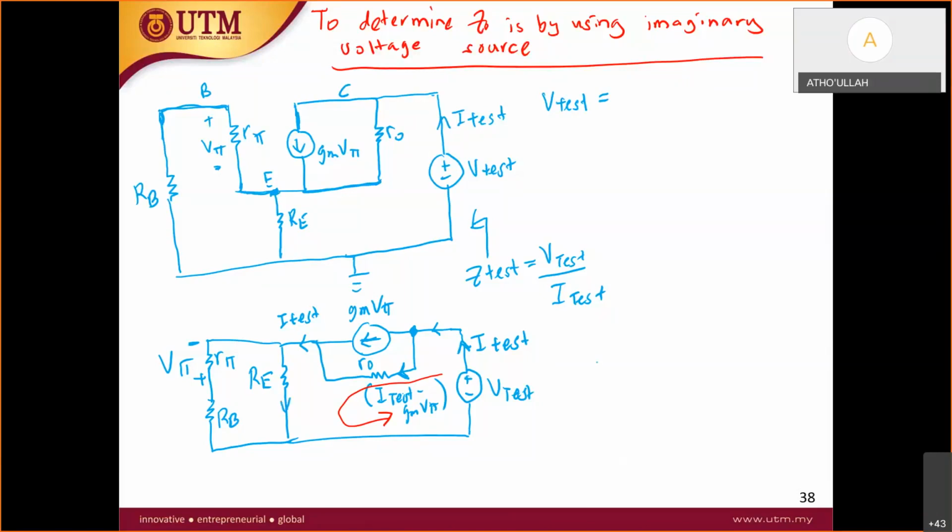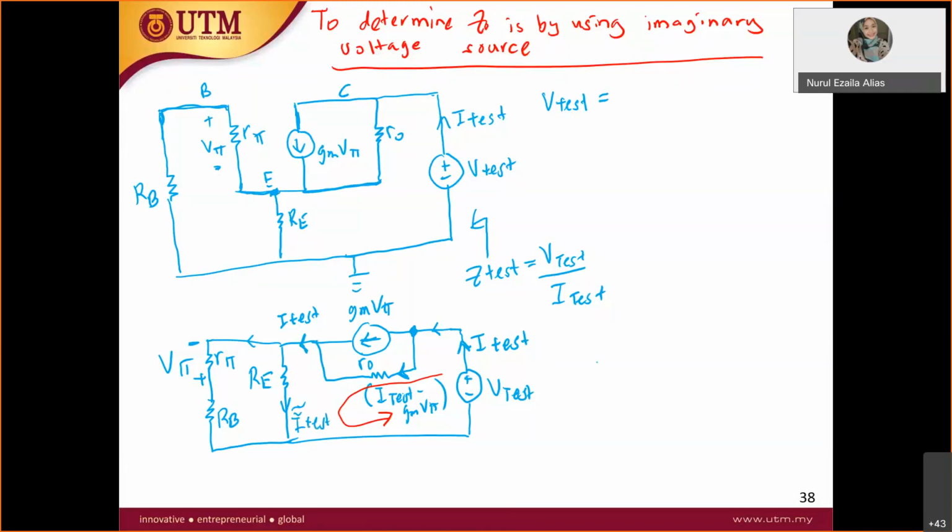So at this node, this current I test, since we assume the base current is very small, and I test is at the collector and this is IE, we can assume that the current at this point is also equivalent to I test.